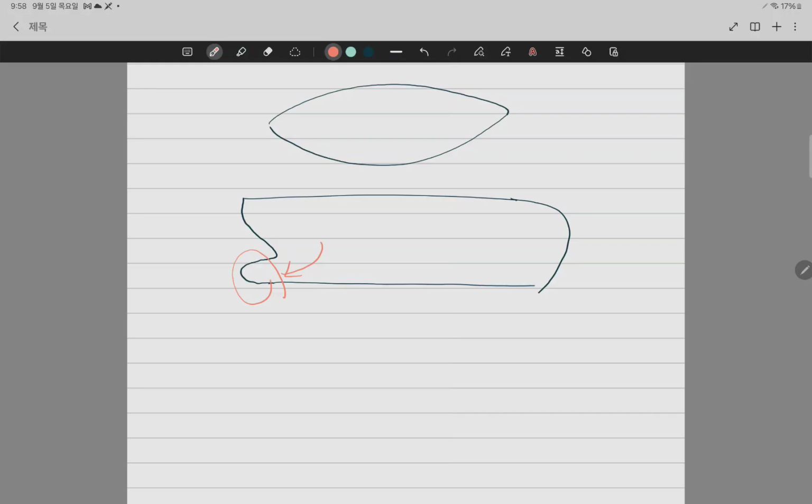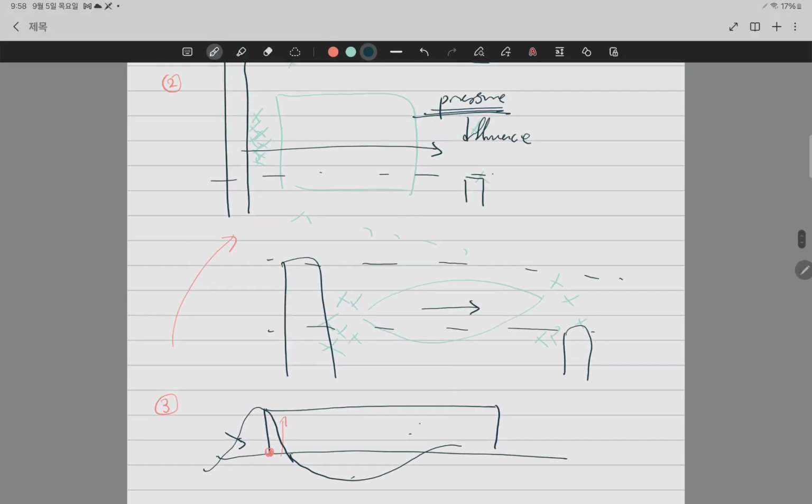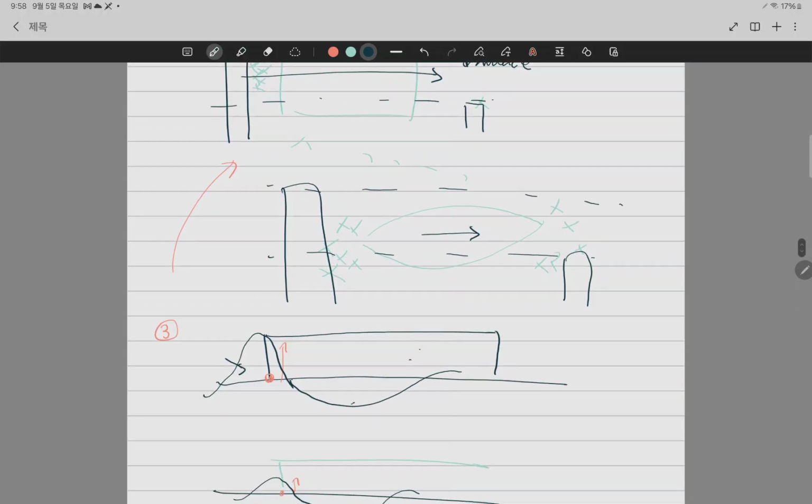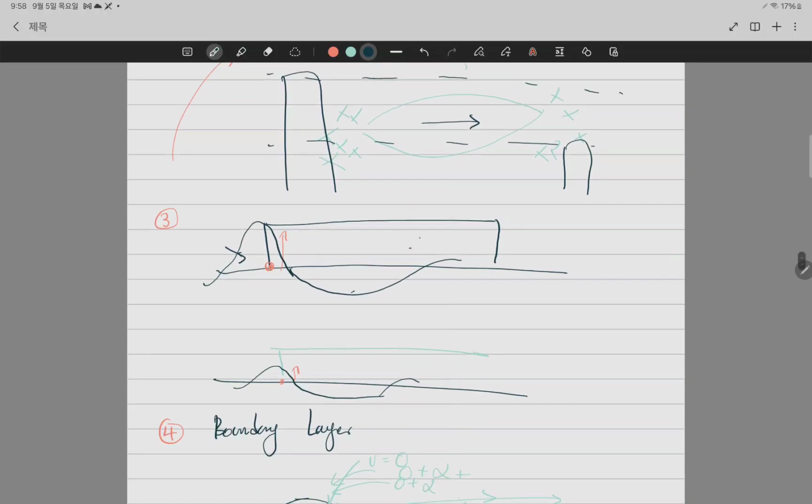Now, what does this structure do? Well, you remember that ships here create waves. Well, if the ship looks like this, the pressure would be accumulated in 2 points, not one, which is this point here and this point here.